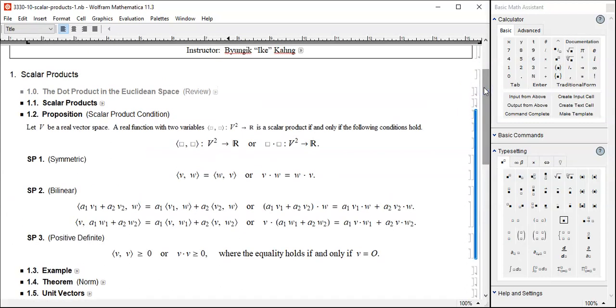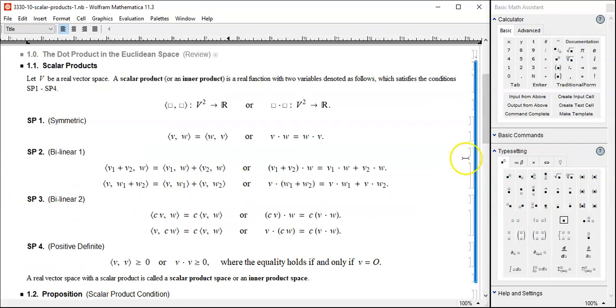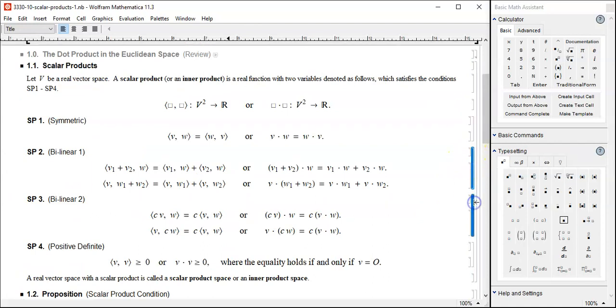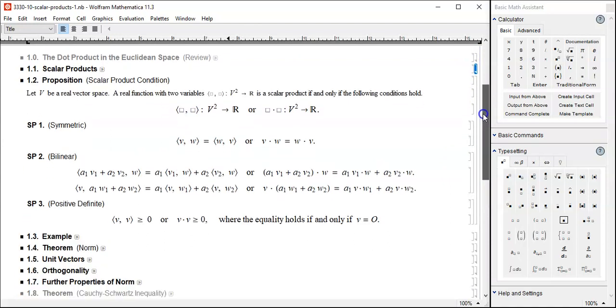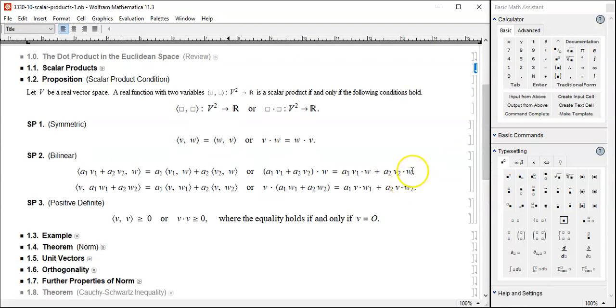The bilinearity that we talked about here as two separate conditions, addition and scalar multiplication, can be combined into a single condition using linear combination.